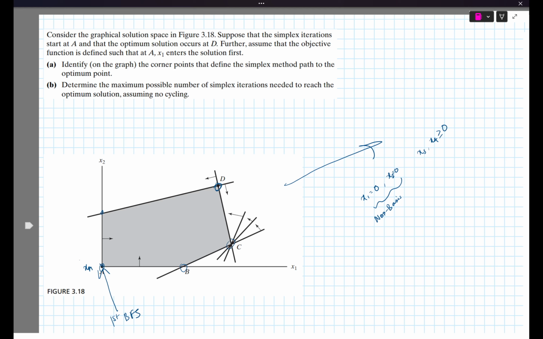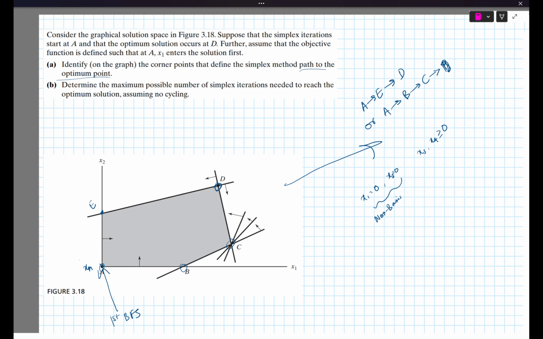These are the two ways that are the path to the optimum point. I think here the names are not given. It can be A, E, D, or A, B, C, D, right? Yes.